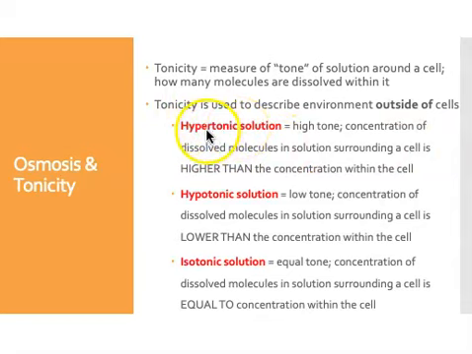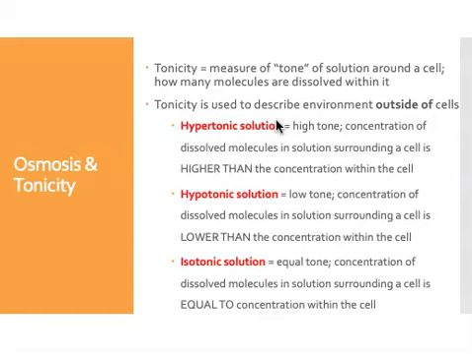Hypertonic means high tonicity. Lots of molecules, in other words, are present in the solution outside of the cell. You can think of that as meaning high tone. Remember, whenever we use the term, we're comparing the outside of the cell to the inside of the cell.